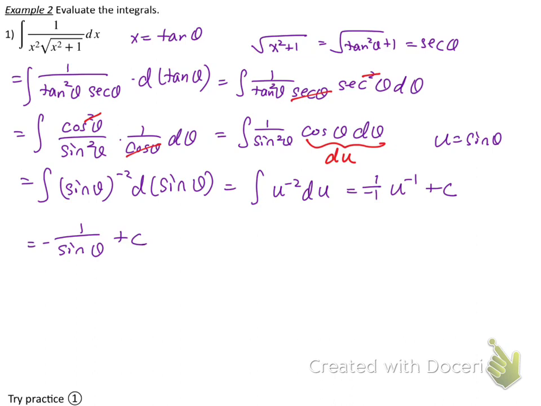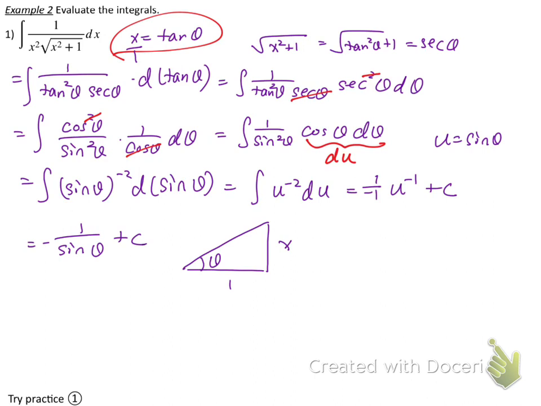But in the given question, there's no theta. You made the theta up. Then you need to find what it is. How are you going to find sine theta? You have tangent theta, and you need to express sine theta. What do you do? You draw a little right triangle. This is my theta. Tangent of theta is the opposite over the adjacent, so I make it a fraction. I'm saying this is x and this is 1.